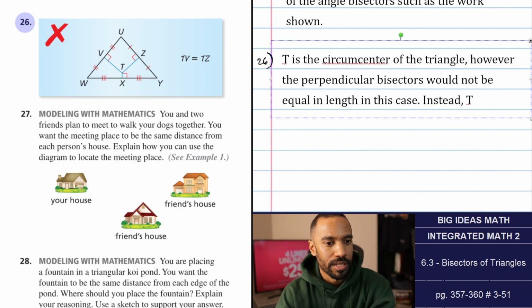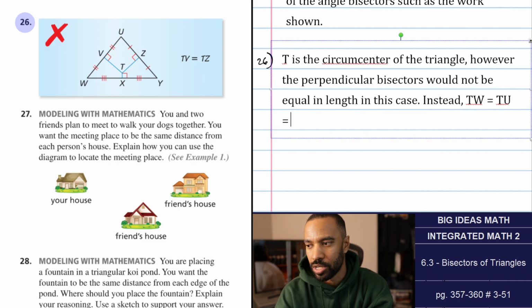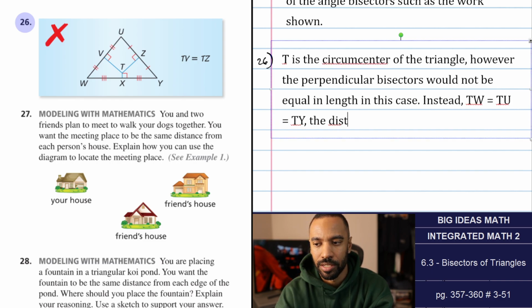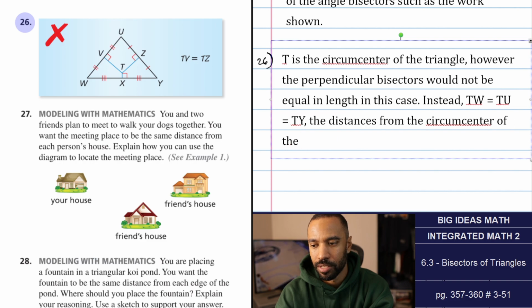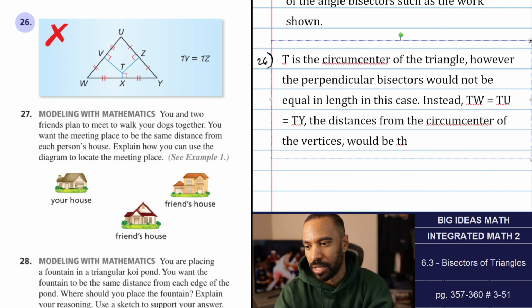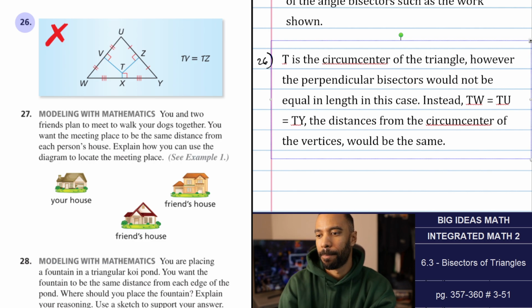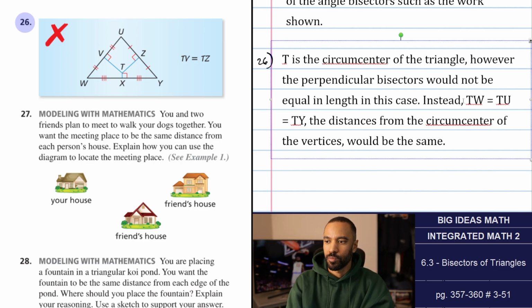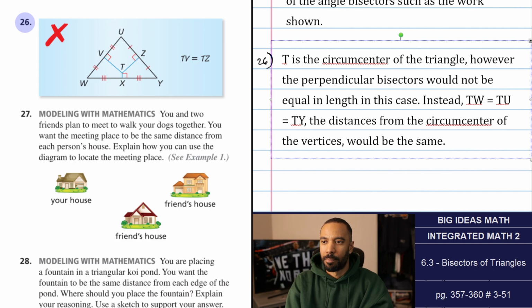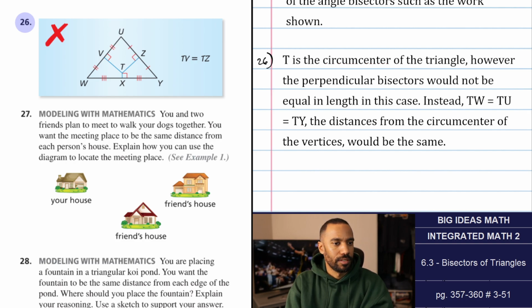Instead, TW should equal TU should equal TY. The distances from the circumcenter to the vertices would be the same. There's number 26. Great.